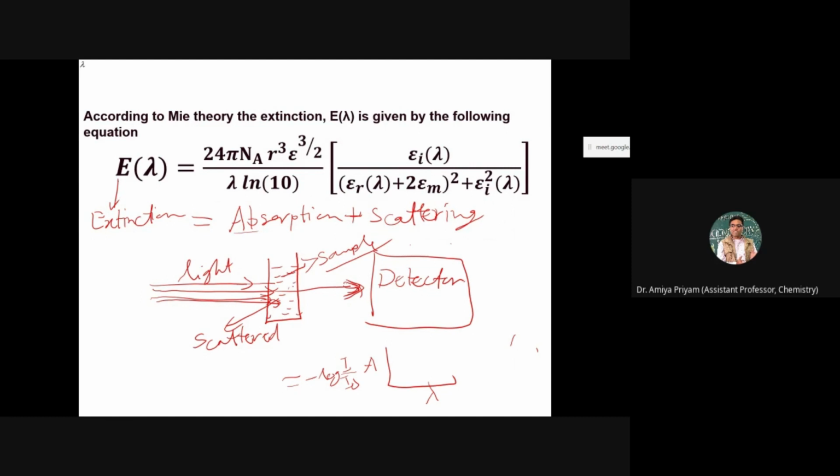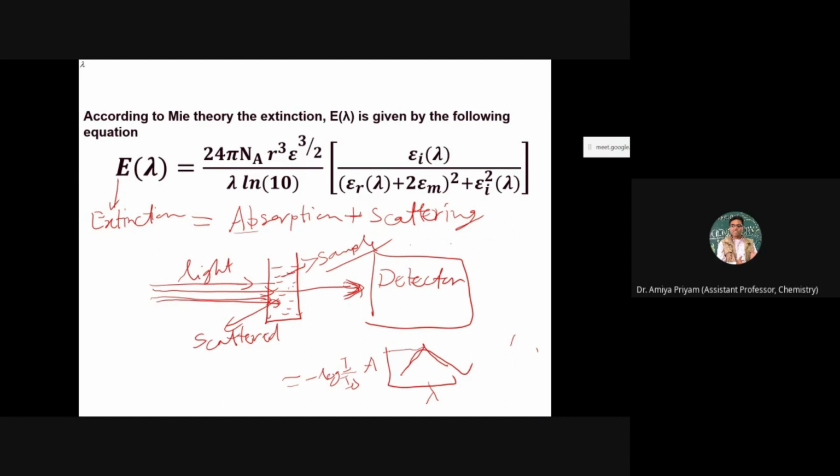Now when the sample has been put in the path of light, only 40% of photons are reaching it. That means the rest of the 60 photons have been absorbed. That's what the detector sees, and it plots A, and you get a plot like this. So it is counted as absorption.